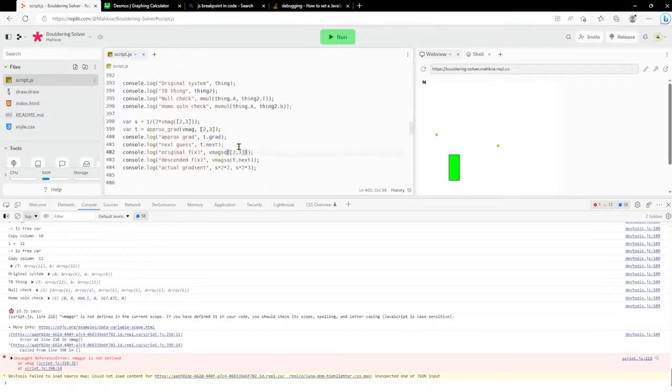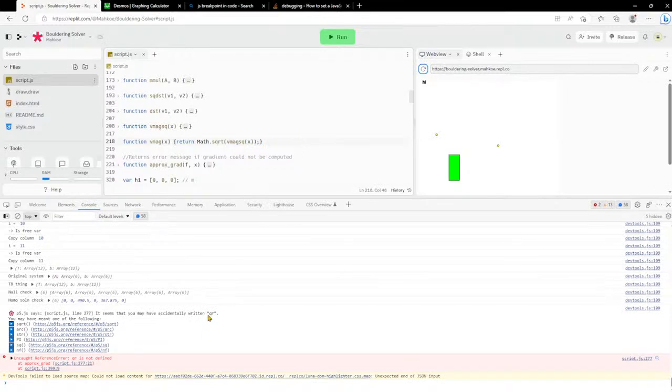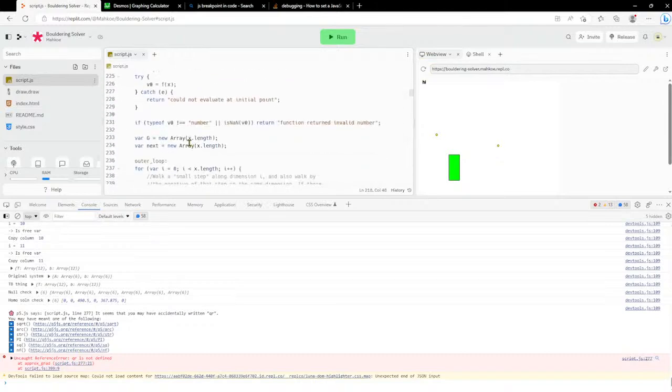Okay, well, a couple of things to fix here, but okay. QR is not defined. Oh, right, it's VR.